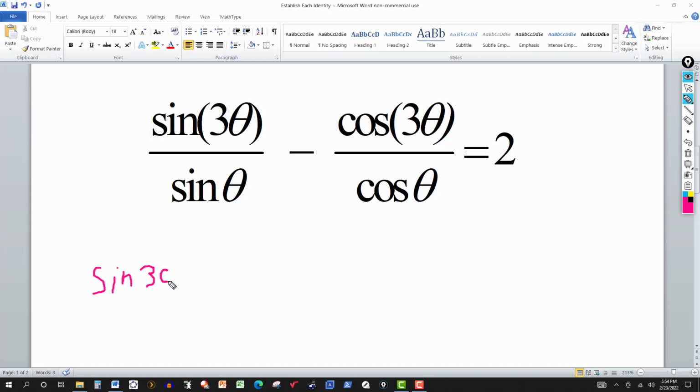Sine of 3 theta over sine of theta. And I'm going to leave the parentheses off just to make it easy to write here. And this is minus cosine of 3 theta over cosine theta.